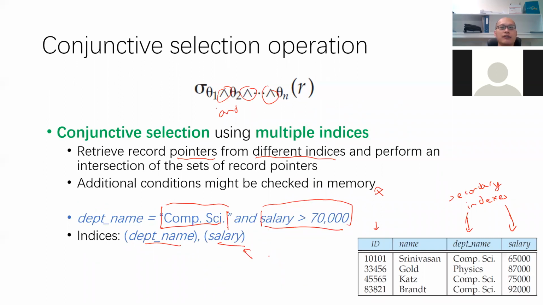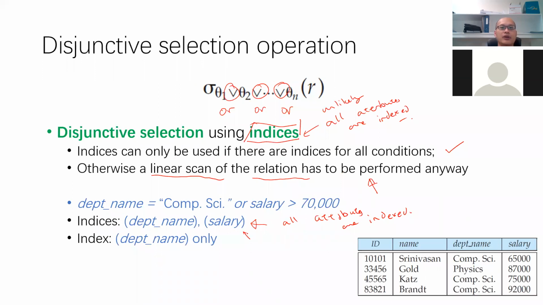So similarly, both of these cases have multiple indexes, same as this.